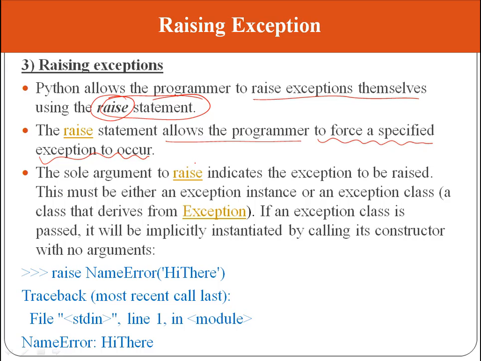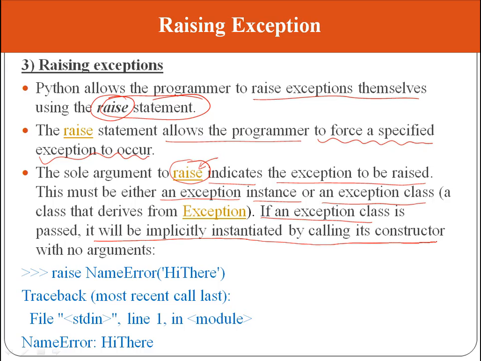The sole argument to raise indicates the exception to be raised. What exception the programmer wants to raise, they should put as the argument to raise. This must be either an exception instance or an exception class. If an exception class is passed, it will be implicitly instantiated by calling its constructor with no arguments.